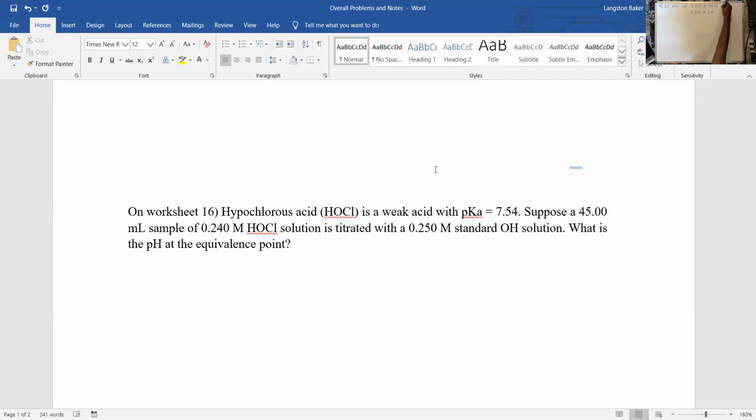The pKa of this is 7.54, and I want to know the pH at the equivalence point.